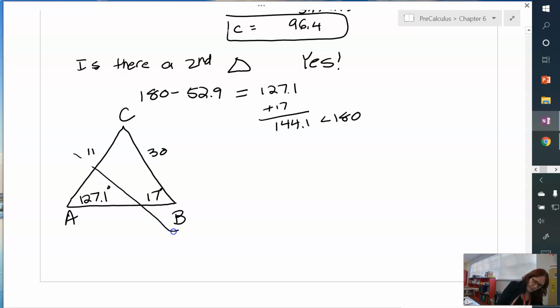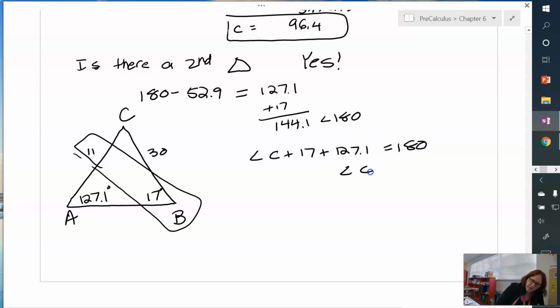This one was the complete pair that we were given, so I'm going to use that one in my calculations. And then angle C plus 17 plus 127.1 has to equal 180. So therefore angle C is going to be 180 minus 17 minus 127.1, and I get 35.9. So now angle C is 35.9 degrees.